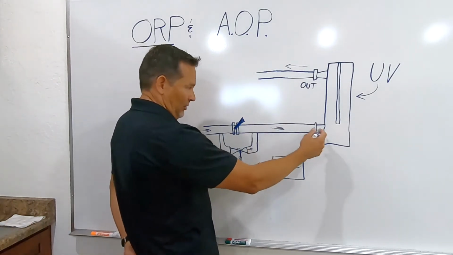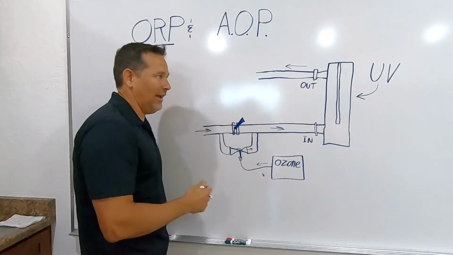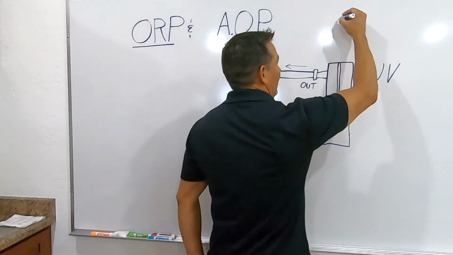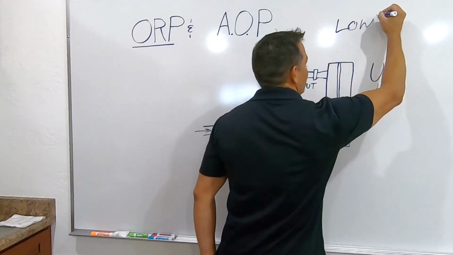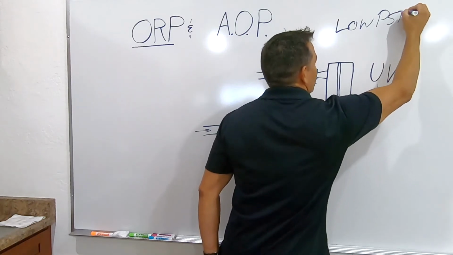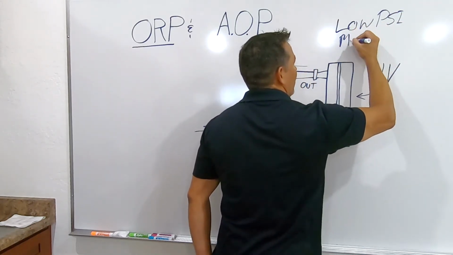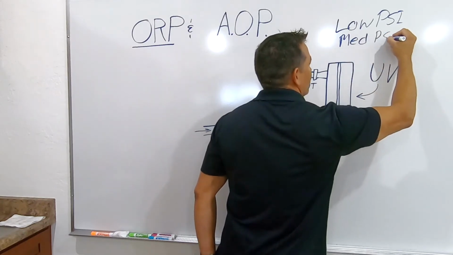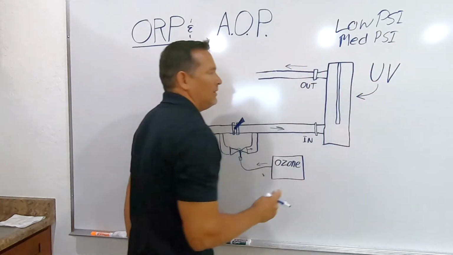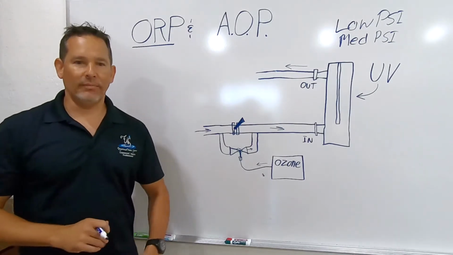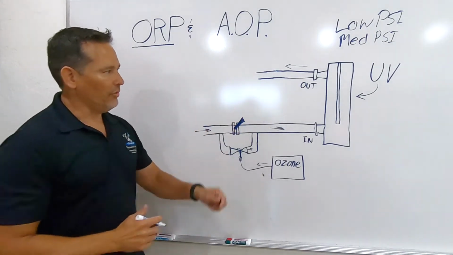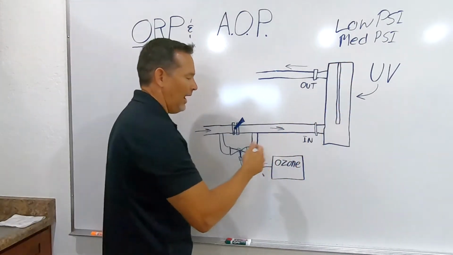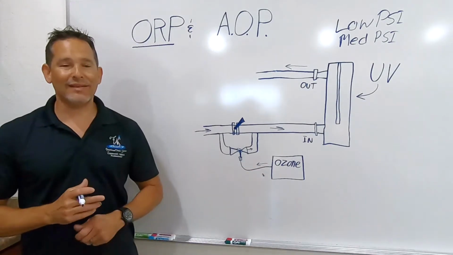So they run it through a UV light. Now it doesn't matter if this is low pressure or what they also call medium pressure. Doesn't matter, either system. When you run ozone through this light, what happens is it actually breaks down that ozone.